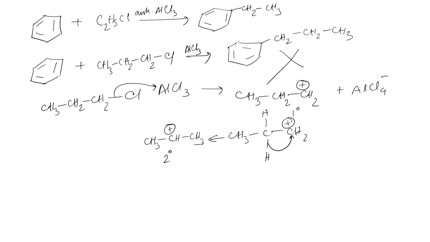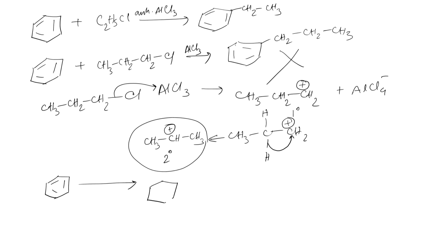Now this is the electrophile for this reaction. Now we have benzene and this electrophile. So we get isopropyl benzene. We do not get n-propyl benzene. So this was Friedel-Crafts alkylation.